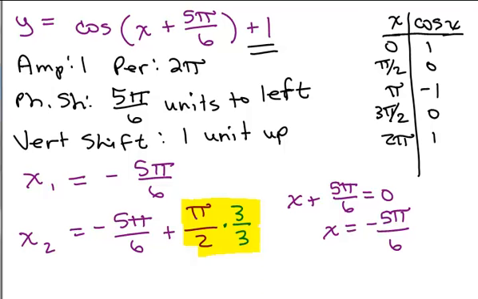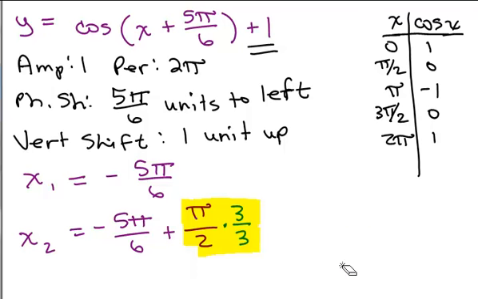Okay, so let's move this temporarily. What does this give us? We have negative 5 pi plus 3 pi. That's a negative 2 pi, right? Negative 5 plus 3 will give you the negative 2 part. So negative 2 pi over 6.